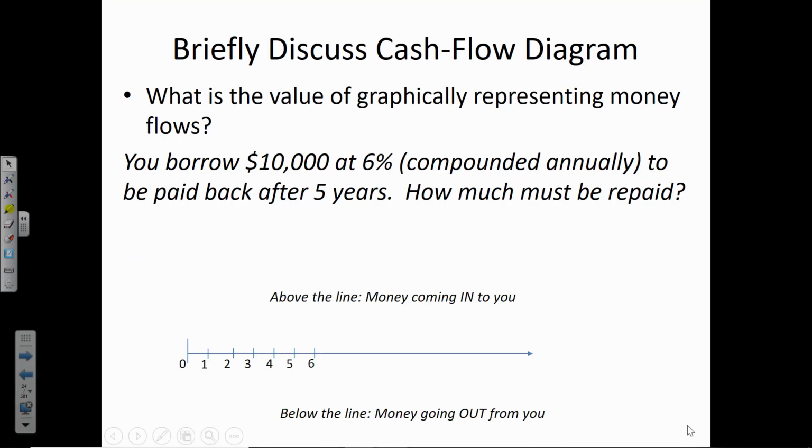The first thing that we do with these cash flow diagrams is we have to represent time. Time is a horizontal line when we're doing these diagrams, and we have to begin with indicating when is now. From our perspective, we say that time zero is the present, or whatever the present is in the context of the problem statement.